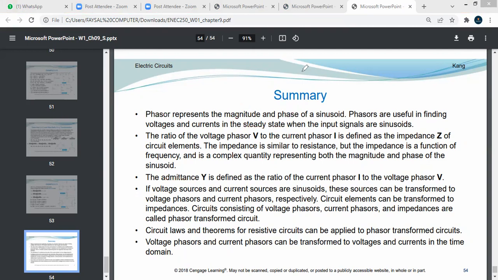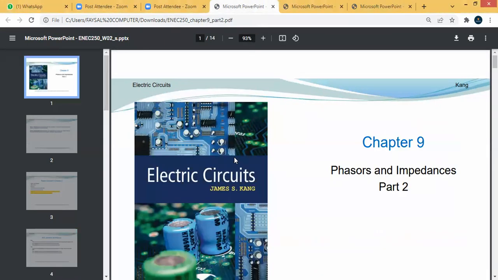Any question regarding this unit, Zen? No, clear sir. Everything? Yes. Okay, let's move towards the next part. Just give me 1 second. This is the next part. What time do we finish?